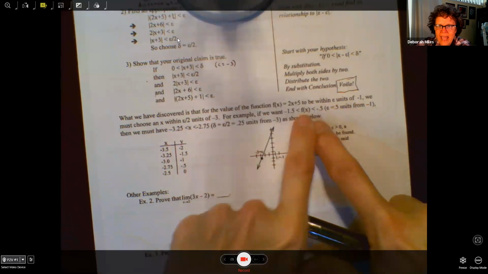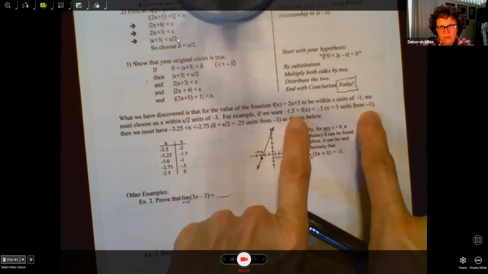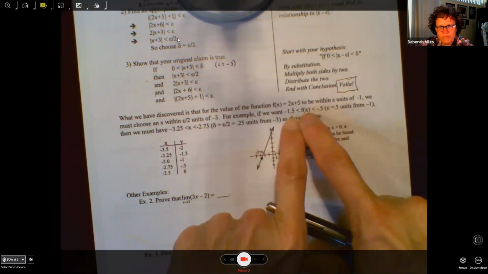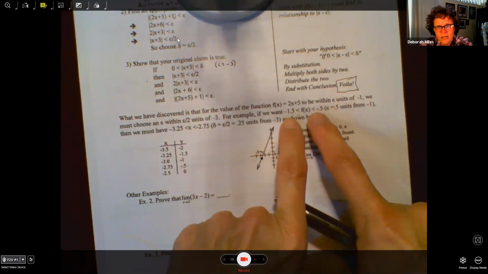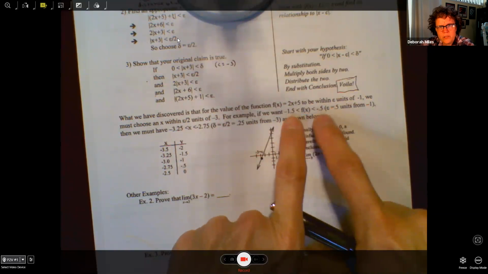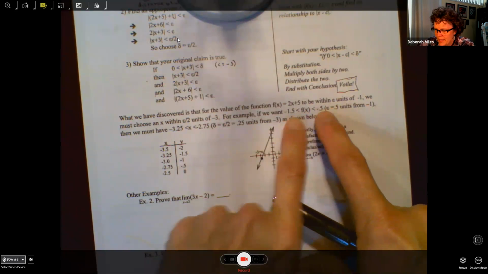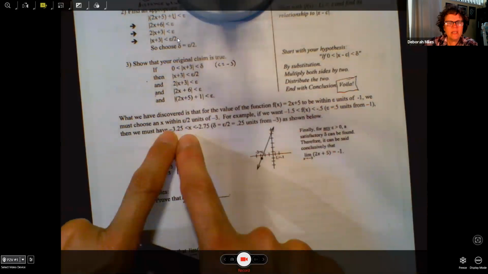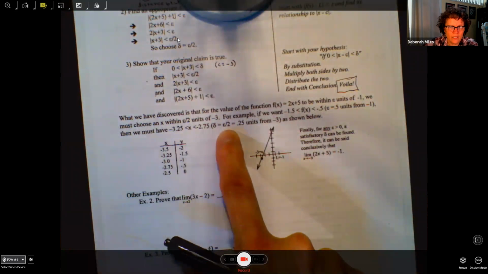If we want f of x to be within a half a unit of -1, a half a unit of -1 is from -1.5 to -0.5. If I want the function value to be between -1.5 and -0.5, then my x has to be within half of that distance of -3.